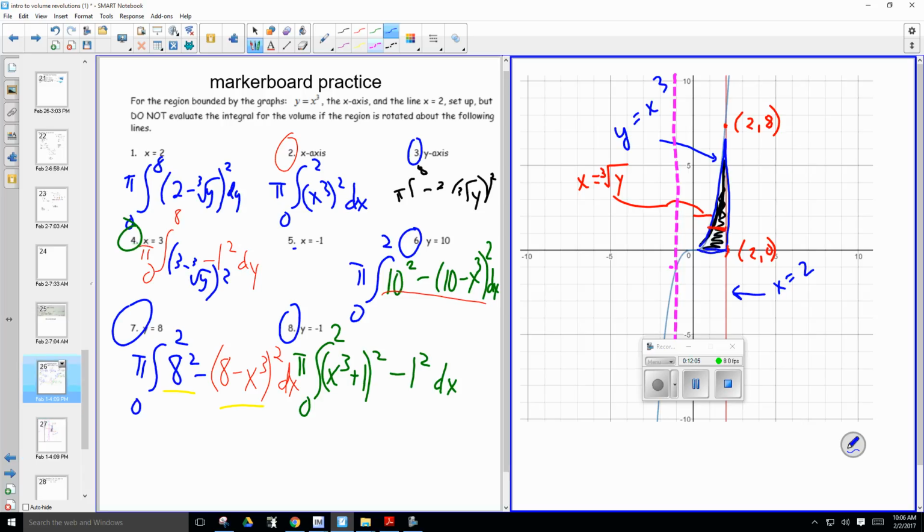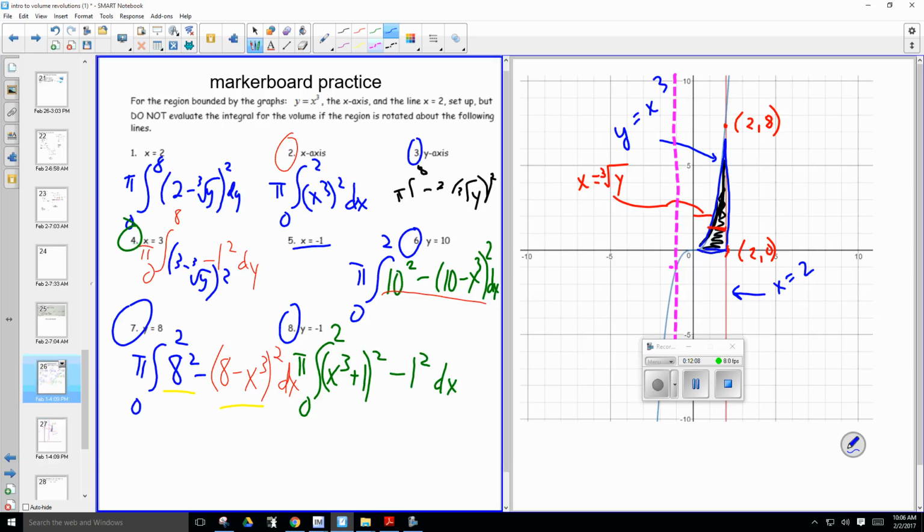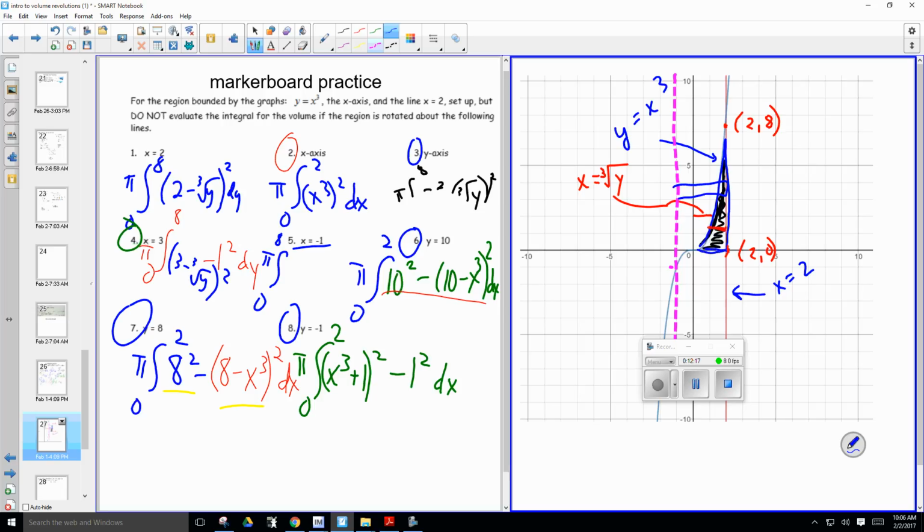If I'm doing something perpendicular or parallel to the vertical axis, my bounds are going to be 0 to 8 again. The outside's a cylinder. What's the radius of the outside? Demetrius, what's the radius? On this one right here, the one I'm talking about right now. Everywhere. What is it? 1. What is that distance right there? 1 plus the x cubed.